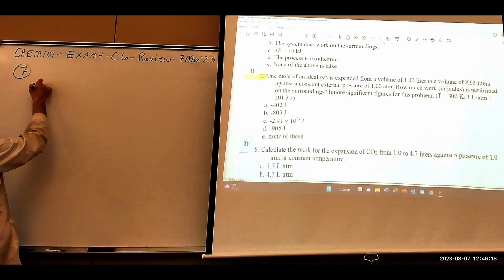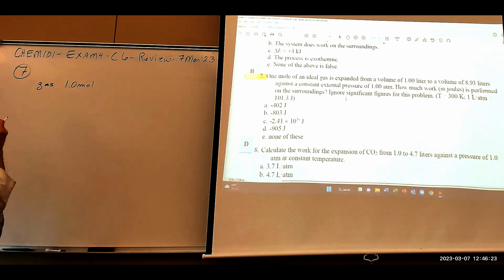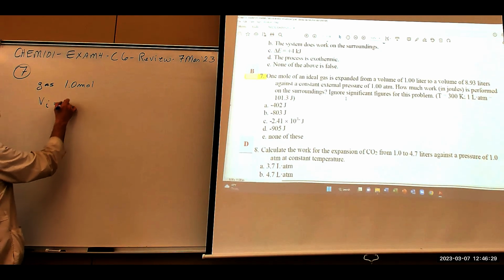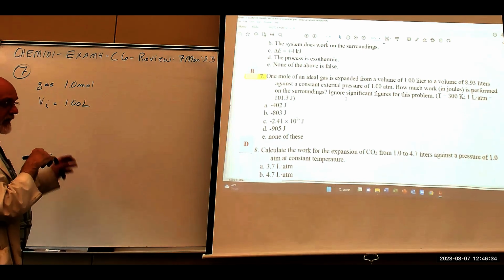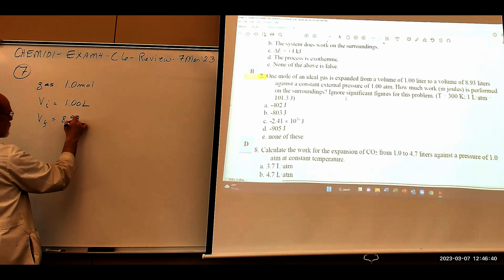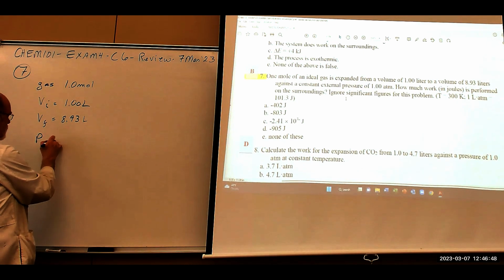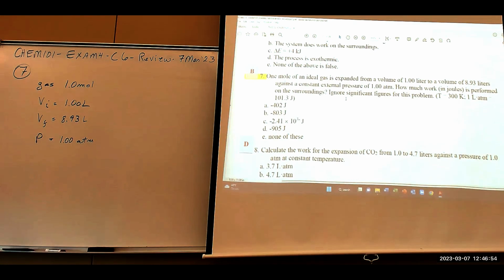So we have a gas, 1 mole of it, and its initial volume is 1 liter, right? Very significant figures. And it expands to a final volume of 8.93 liters. Okay. The pressure is constant at 1 atmosphere. How much work in joules is performed on the surroundings?